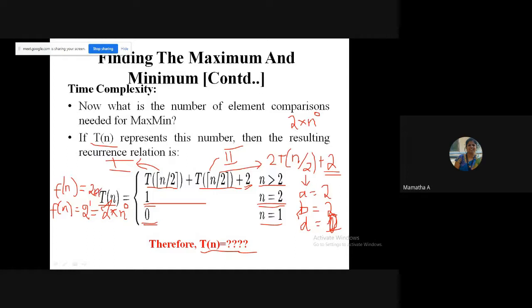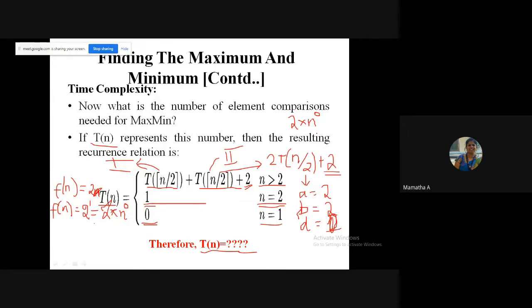But we have only 2 here. In terms of n, the only option is to multiply that constant with n to the power 0, because n to the power 0 is 1. That will not change my function value. 2 into n to the power 0.